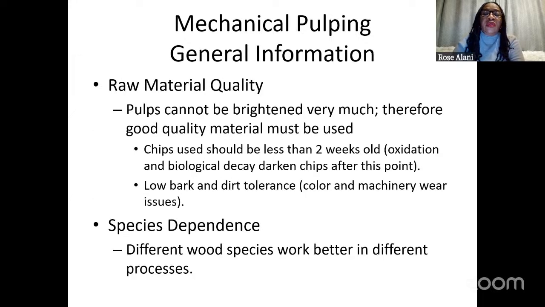So, general information about mechanical pulping. Look at the raw material quality.